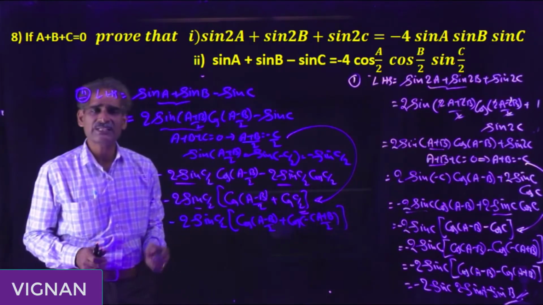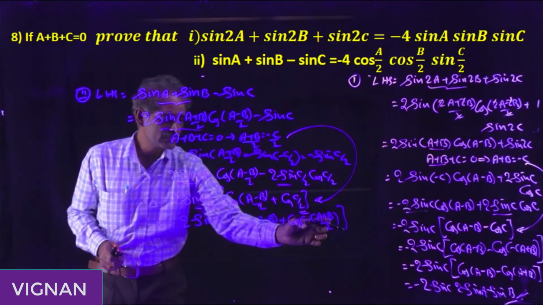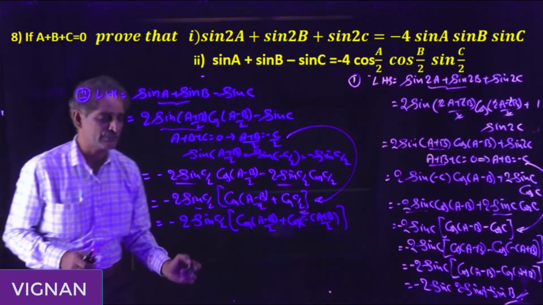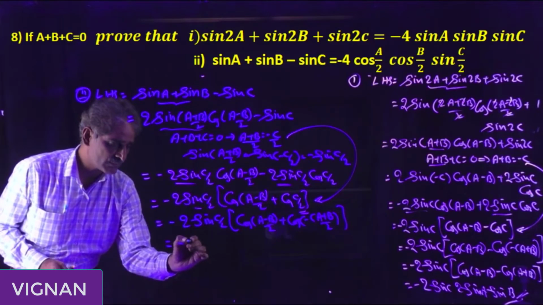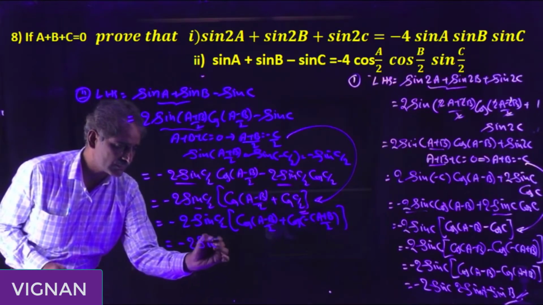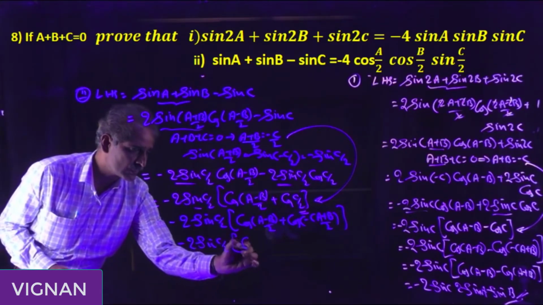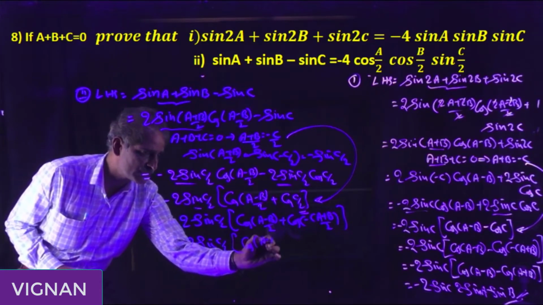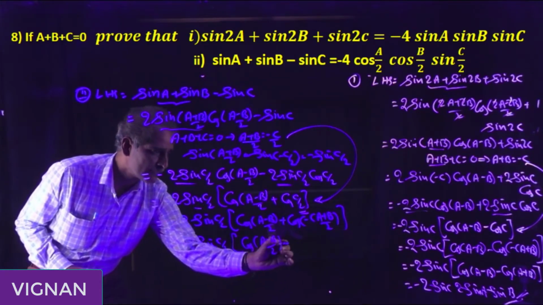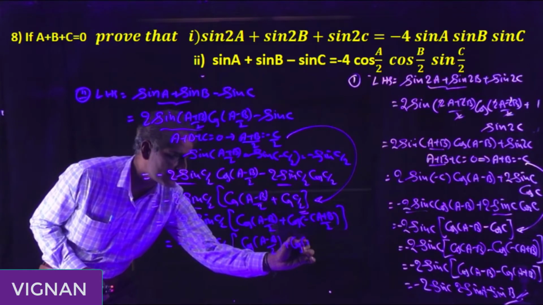Cos of minus theta is cos theta, so this is nothing but cos of (a plus b) by 2.